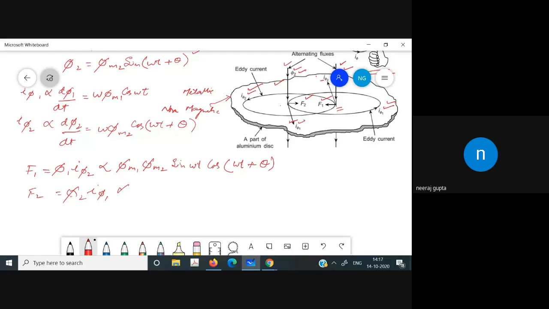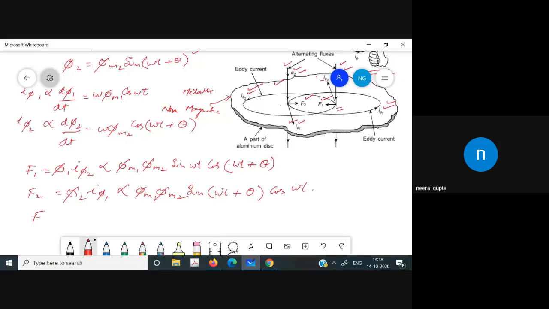It is proportional to phi m1 phi m2 sine of omega t plus theta cos of omega t. And the net force between the two is equal to the difference between the two.